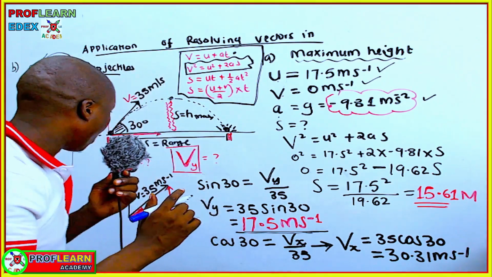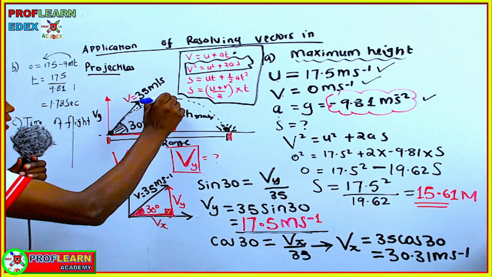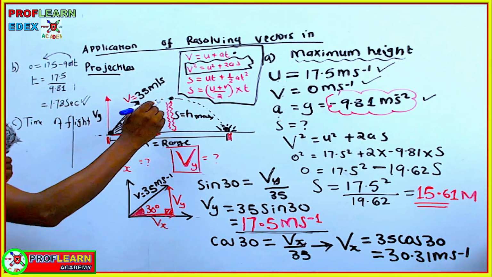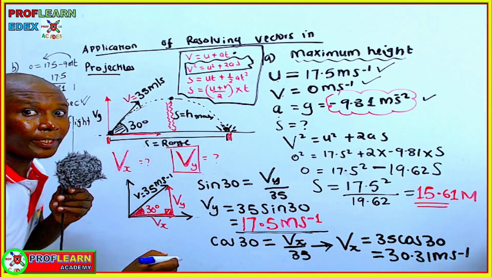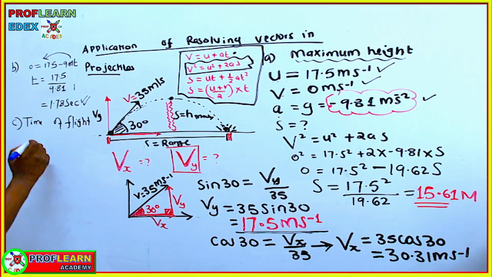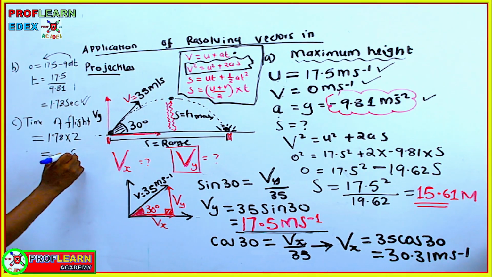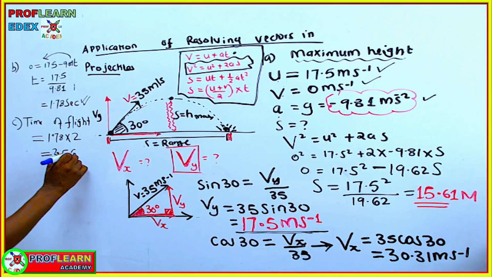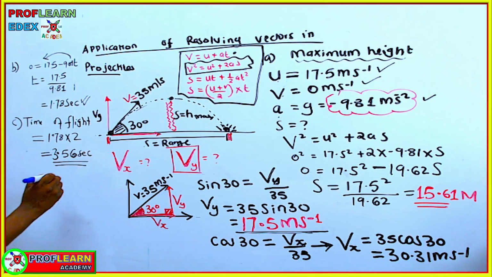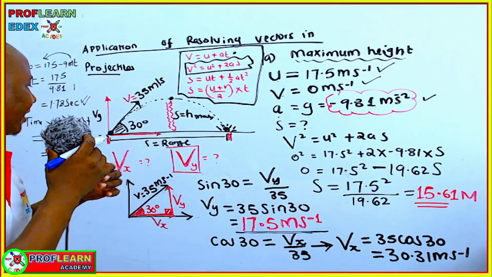Because it takes 1.78 seconds to reach the maximum height, it will also take 1.78 seconds to come back to this point. So therefore, time of flight is going to be 1.78 times 2, which is 3.56 seconds.